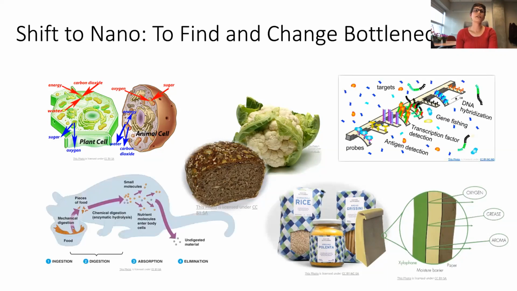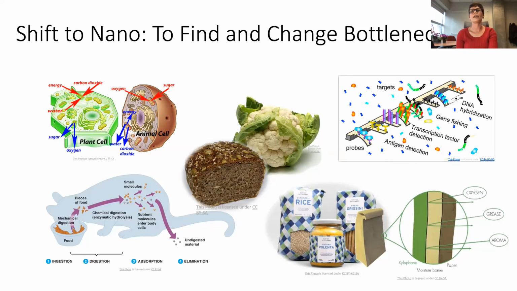An example here is understanding digestion systems and creating delivery systems that can properly help deliver an active component, maybe a probiotic or a prebiotic, or even an antioxidant component, which can be done using nanotechnology materials.